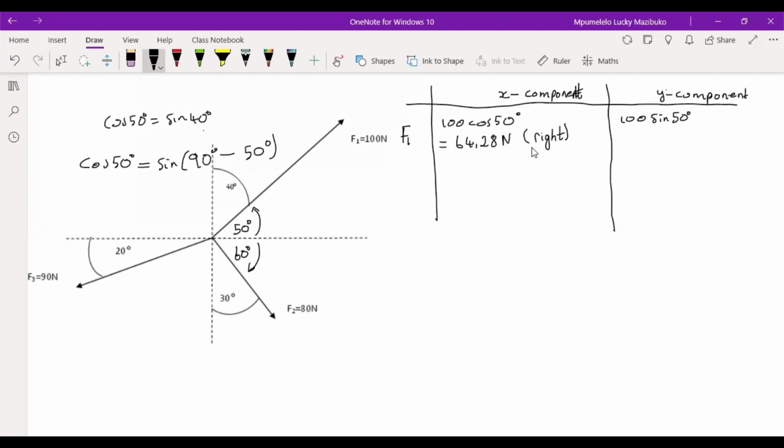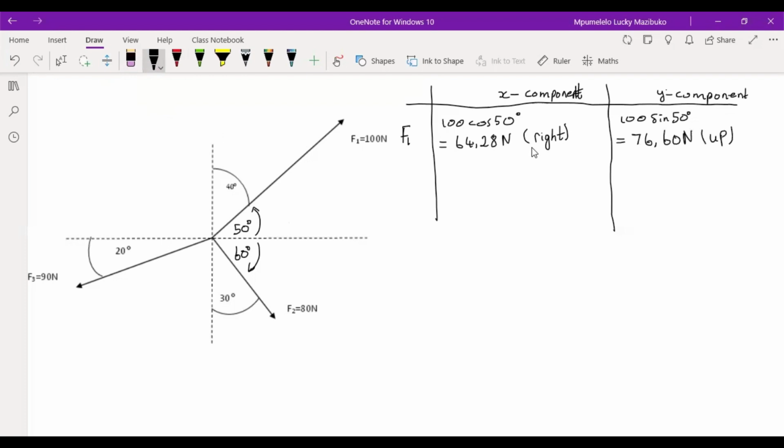Cos of 90 minus theta becomes sine theta. So sine 40 and cos 50 are identical. Perfect. So this side, just change that to sine 50, and you get 76.60 newtons up.